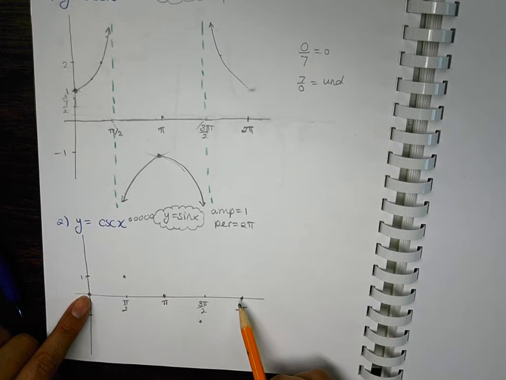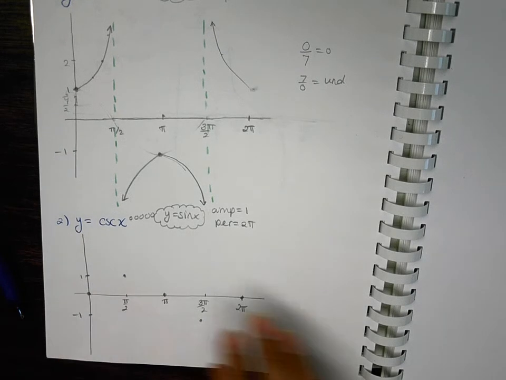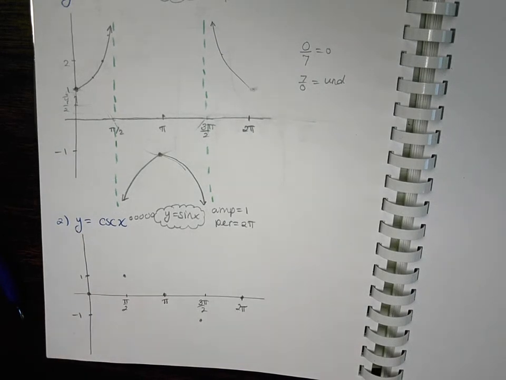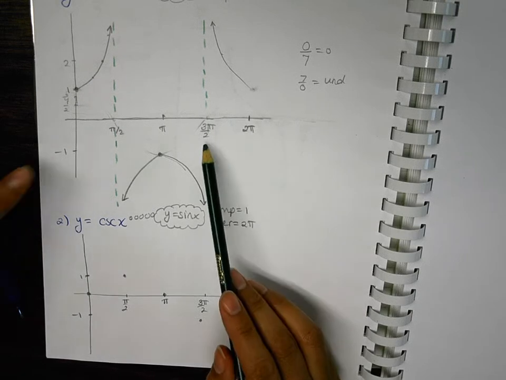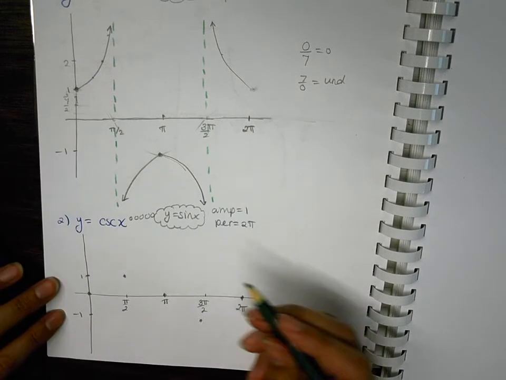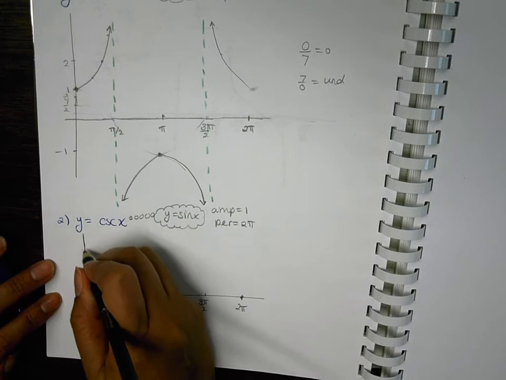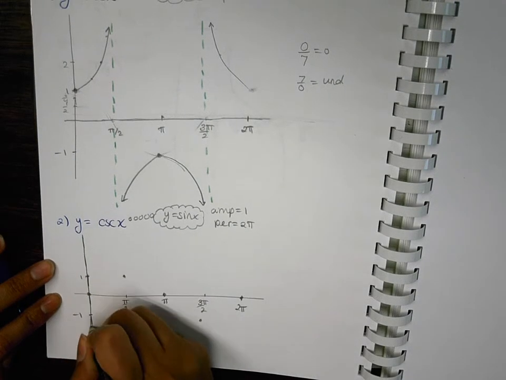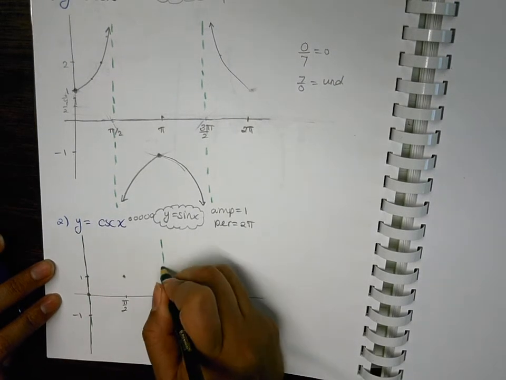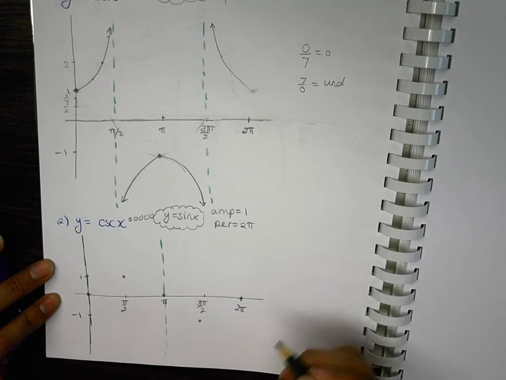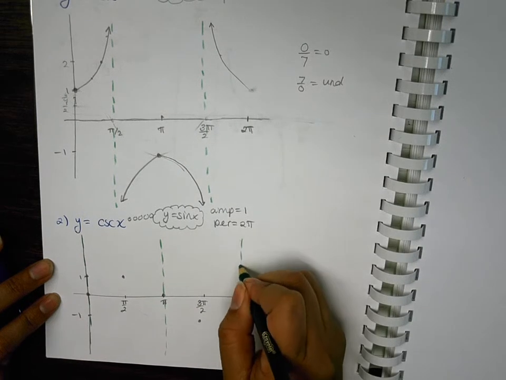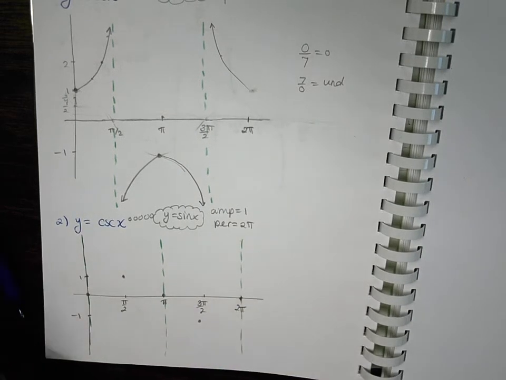That means we're going to have how many asymptotes? 3. Does that make sense? Okay, 2 asymptotes there because there were 2 zeros, and 3 asymptotes here because there are 3 zeros, happening at 0, at pi, and at 2 pi.